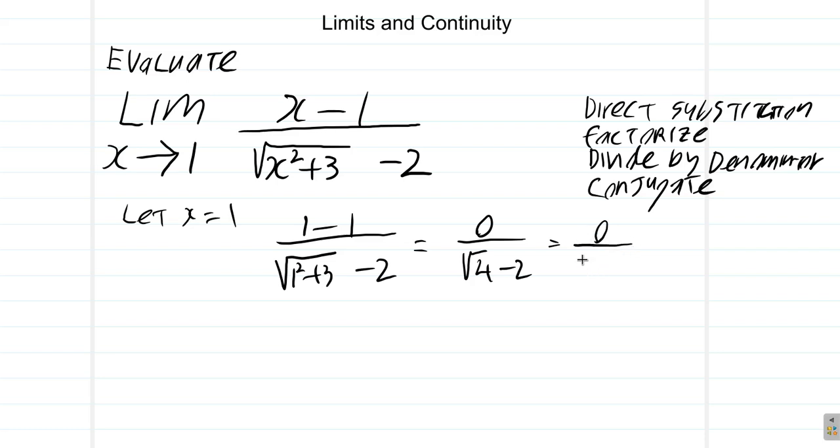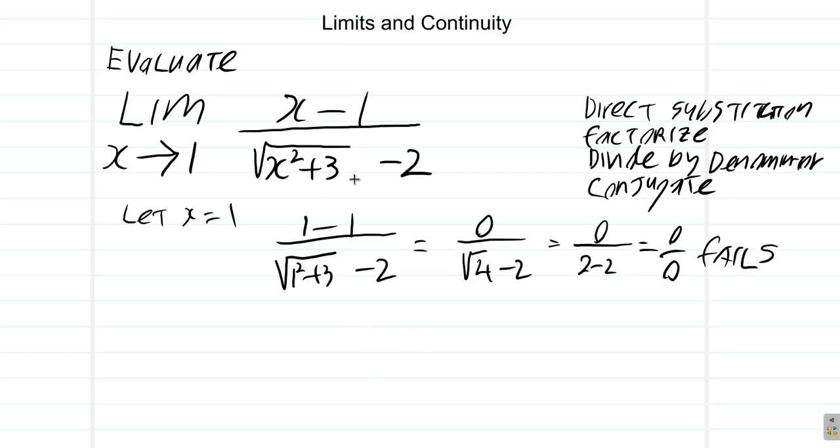But the square root of 4 is 2, so it's 2 minus 2 equals 0, divided by 0. This is in the indeterminate form. So that method failed. So we have to use another method.